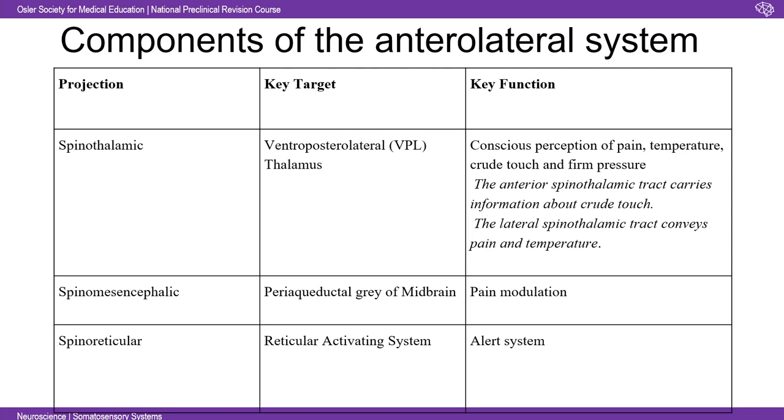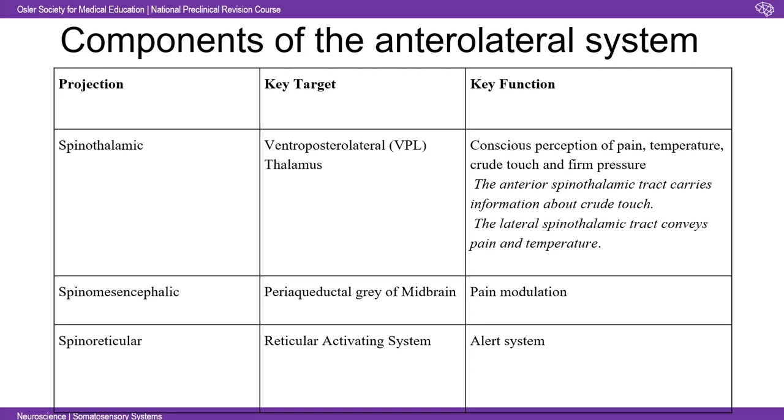So the spinomesencephalic carries information up to the midbrain, specifically the periaqueductal gray. And the periaqueductal gray, you might remember, is a really key control center of pain. So, for example, if you stimulate that region, you can basically eliminate your perception of pain.